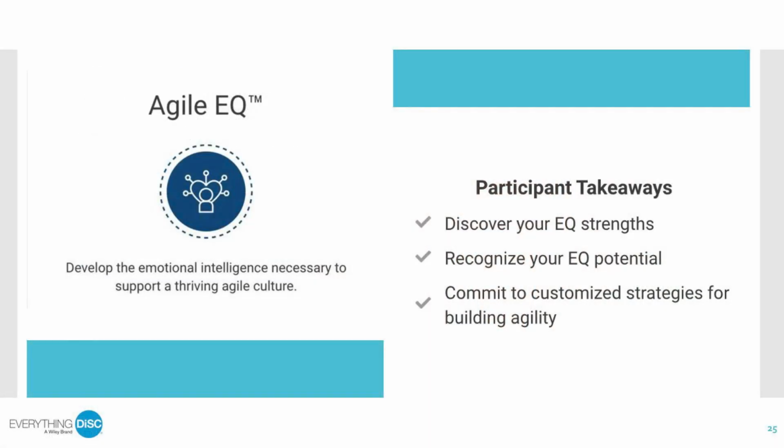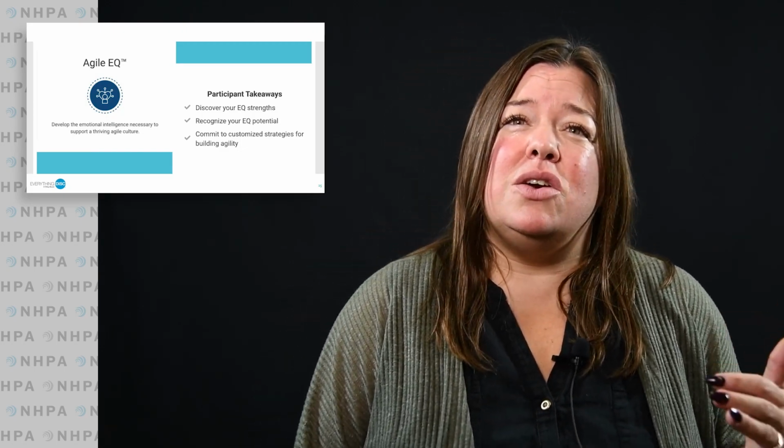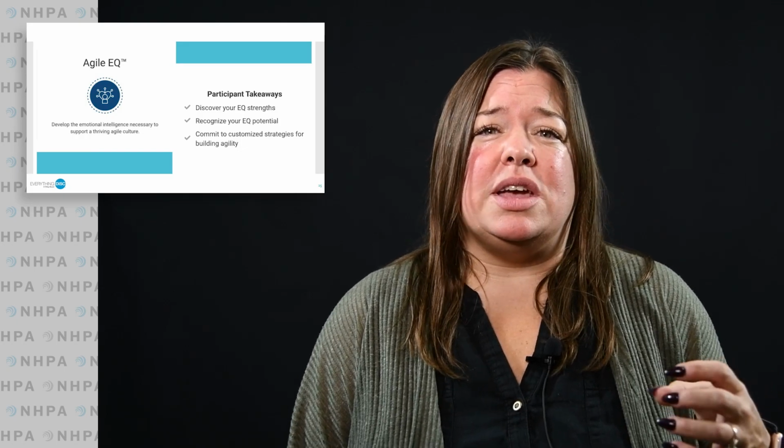The newest addition to the suite is Agile EQ, and it was definitely needed. Agile EQ really will help you develop the emotional intelligence that you need to support a thriving agile culture. And there's a lot of talk about EQ, and this report is really helpful to break it down in a very helpful manner. And I found it to be really interesting when I took this assessment.